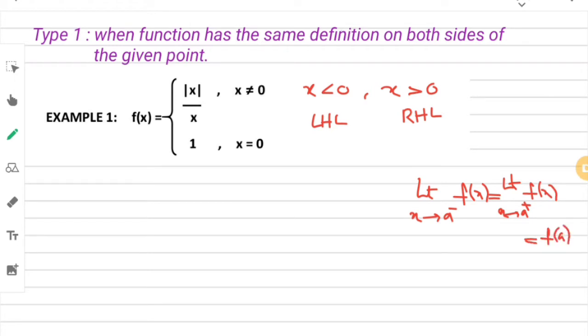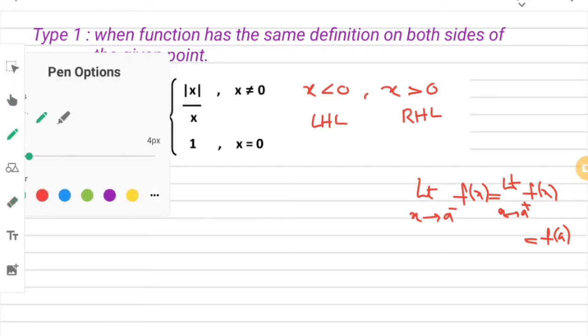That means this one is the left hand limit value, this one is the right hand limit value, and this is the value at that point. If all these three are equal, then you can say the function is a continuous function. Now I am going to prove this.